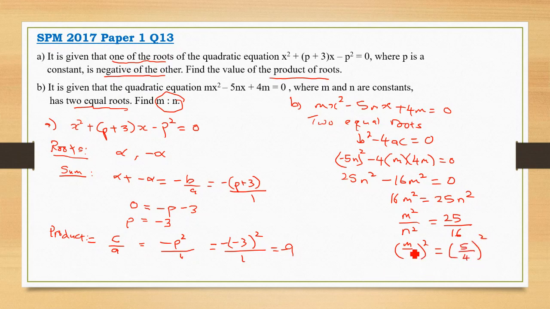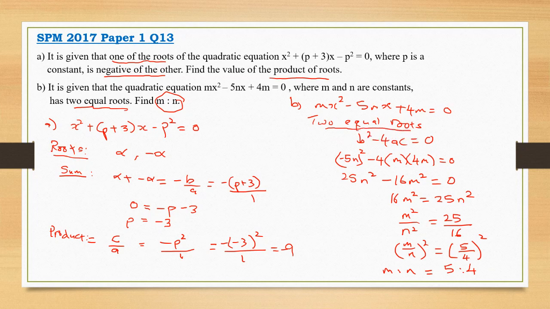So very clear, m ratio with n equals 5 against 4. That is your answer. Very important is the term two equal roots. This is the term that you need to concentrate on.